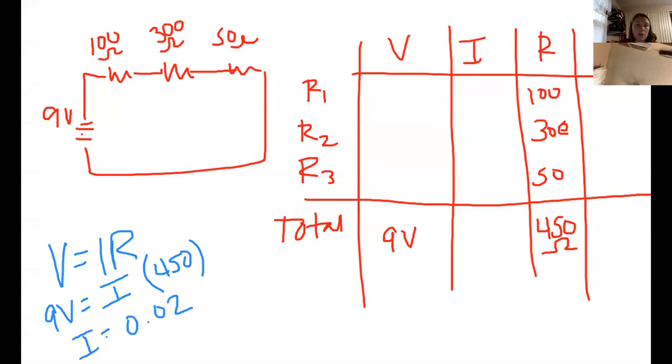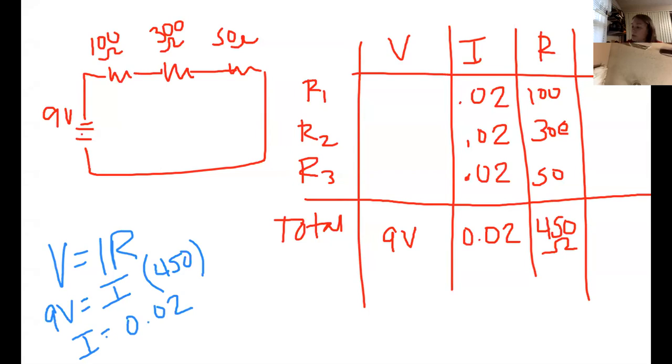So that's the total current in the entire circuit, 0.02. Now, from what we understand about a series circuit, that current is the same every single place in that circuit. So there's 0.02 amps of current going through resistor 3. There's 0.02 amps of current going through resistor 2. There's 0.02 amps of current going through resistor 1.